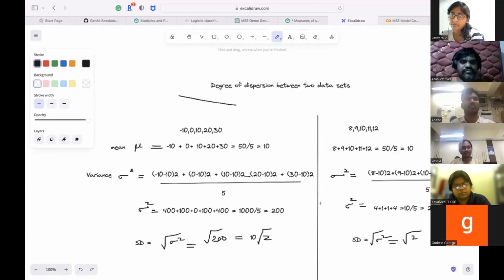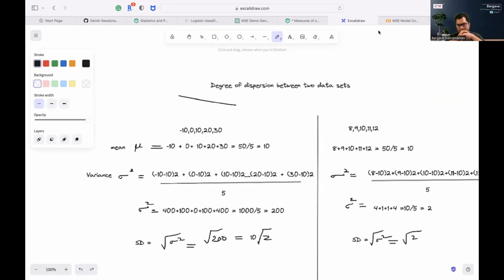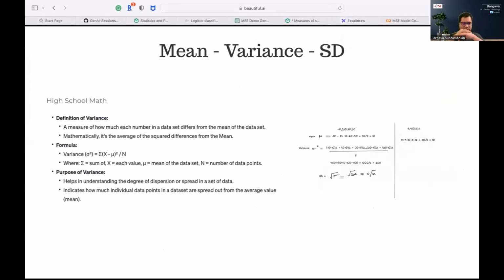Let's be on the slide, please. Okay, yeah. And let's build an intuition first. Let's come to the formula later, but let's understand the purpose. Why do we need to compute variance? It helps in understanding the data set that we have, how dispersed it is.